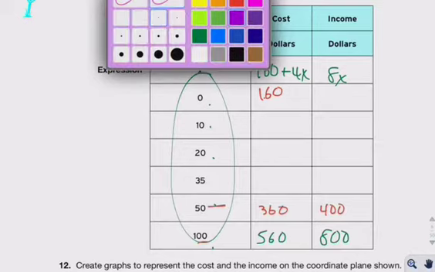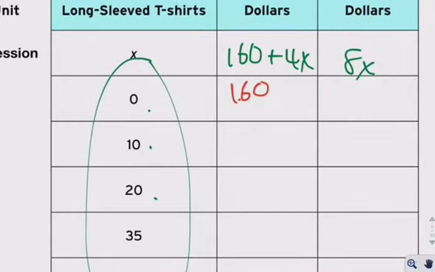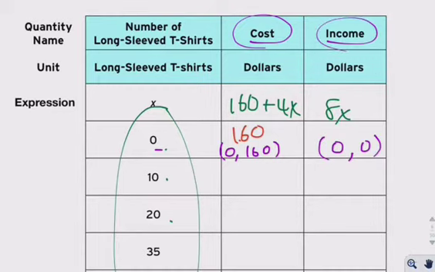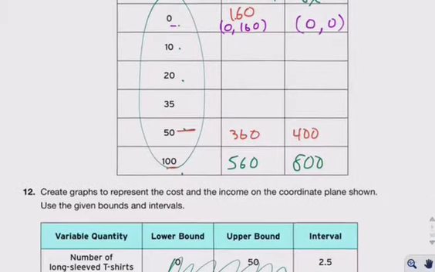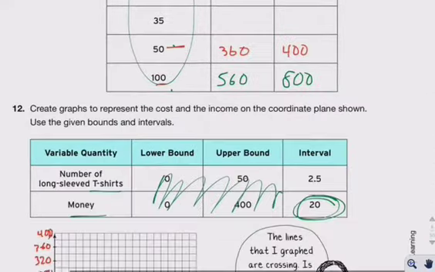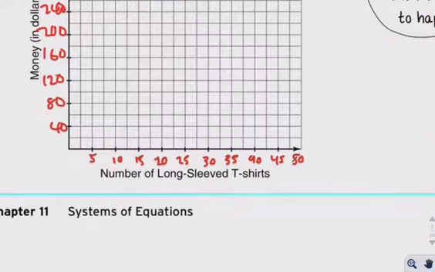At 0 shirts, this is the cost, at 0 shirts it will cost you $160, and you will make $0. So $0, 0 shirt, $0. This is income. Alright? So you go 0, 160, because for 0 shirts it costs you $160 for the setup fee. So 0, 160 right there.